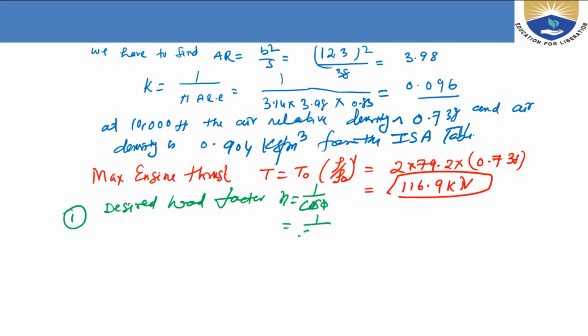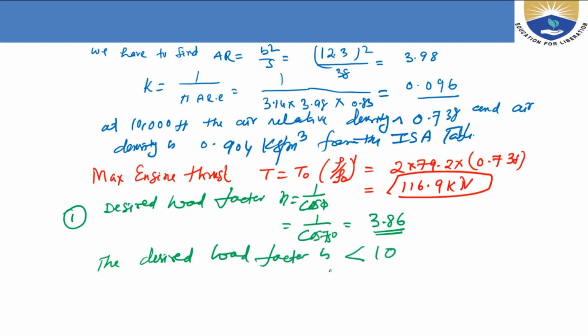So 1 by cos of 75 gives 3.86. The desired load factor is less than 10, which is given. So it is accepted.